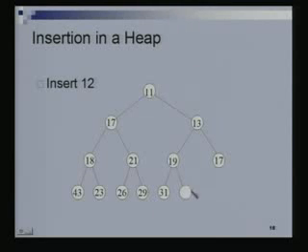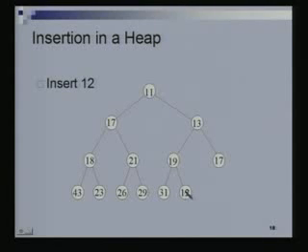I would first create a node here, right? And let me now put 12 into it. Of course, structurally this does satisfy the structural property of a heap, but it's not a heap because it violates the heap property. This node should have lesser priority than its two children. It does not. It has higher priority than this child. So we need to take care of that.